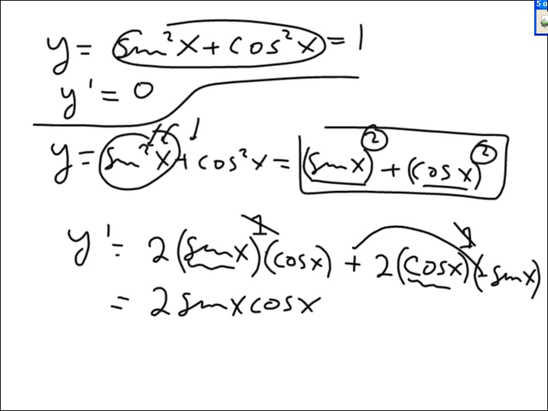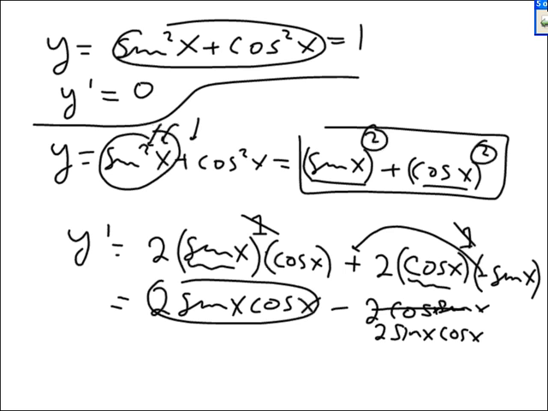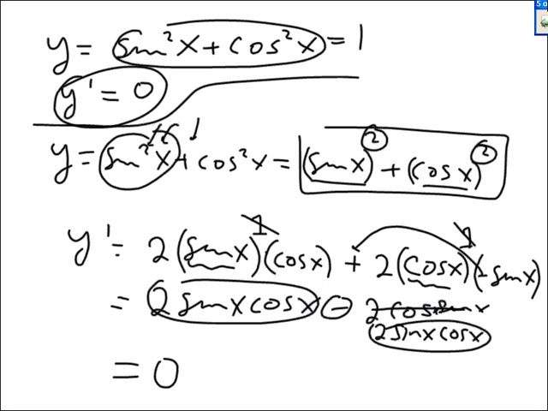And this minus comes out as a minus. And you have 2 cosine x sine x. But remember, this is the same as 2 times sine x times cosine x. Well, this take away the exact same thing is 0. Just like we got 5 minutes ago, if we knew our identities.